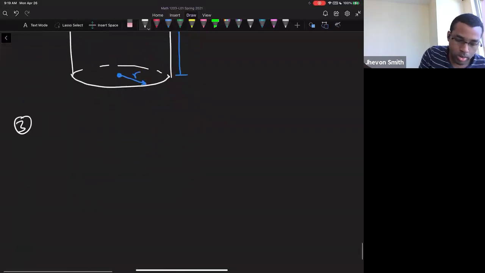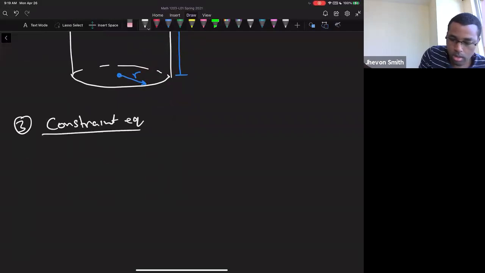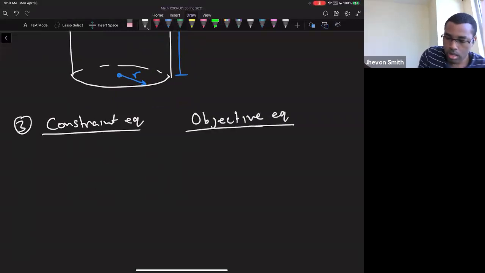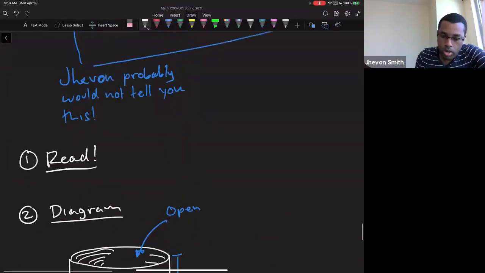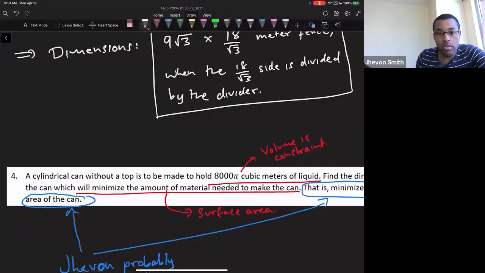We want to talk about the constraint equation and the objective equation. No, objective is what you want to maximize or minimize. The constraint is the restriction, remember. We already saw that our restriction was the volume.